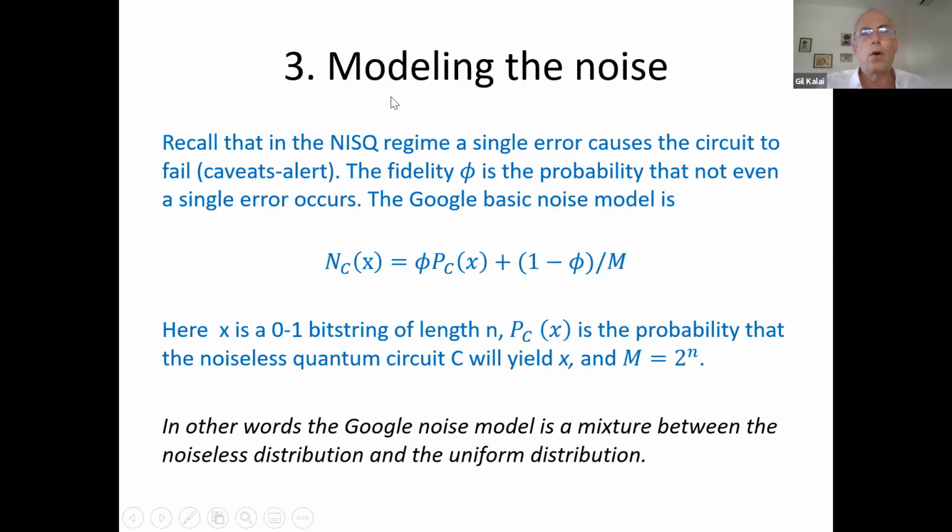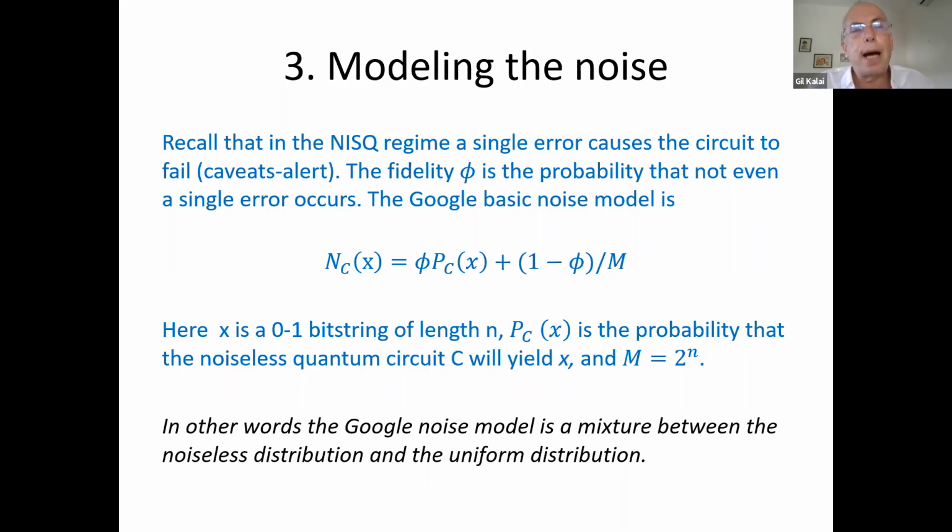Okay. Now we come to the third ingredient, and it is modeling the noise. The problem in the NISQ regime is that a single error causes the circuit to fail.